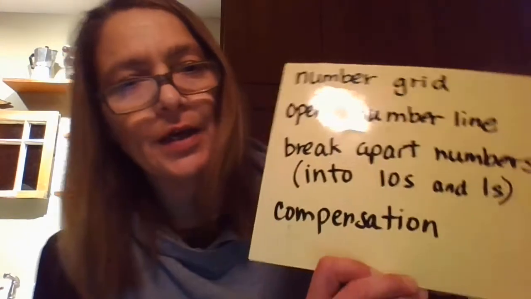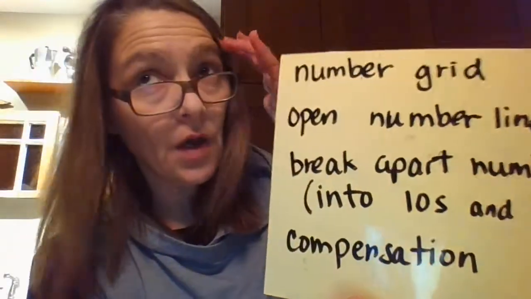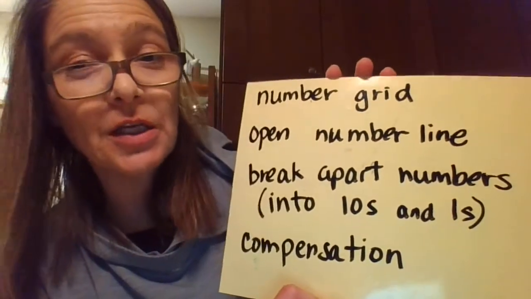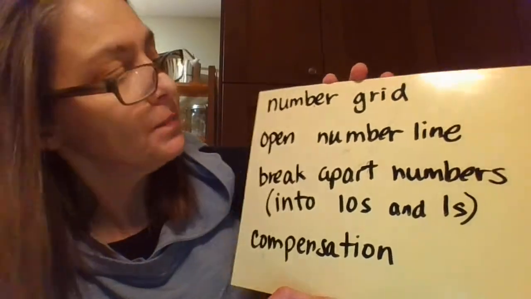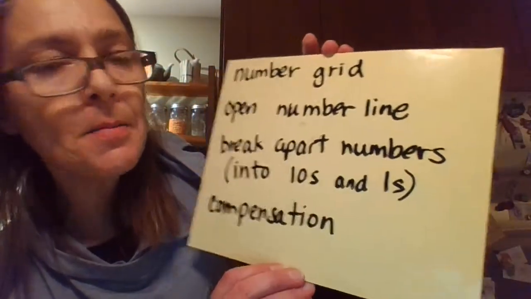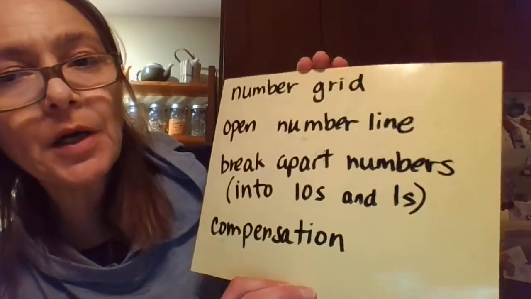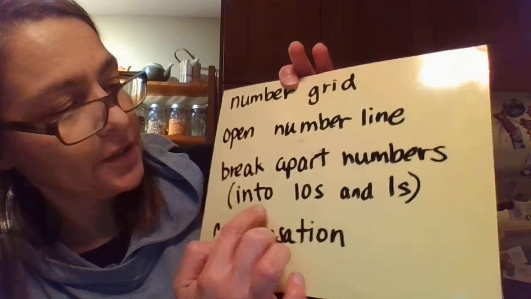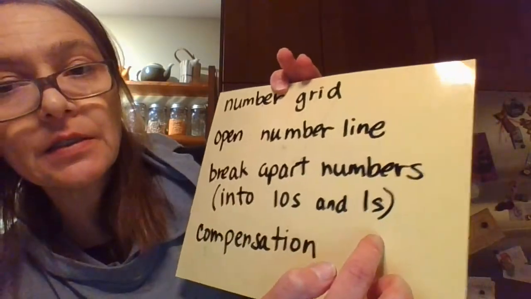So some of the vocabulary and reminders of some of the strategies we learned in this unit on solving two-digit addition equations within 100 is the number grid, and that's right here, the hundreds grid. The open number line. Break apart numbers was another strategy, and you're breaking it apart into tens and ones.